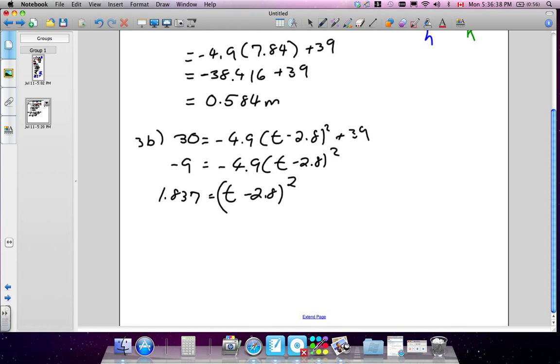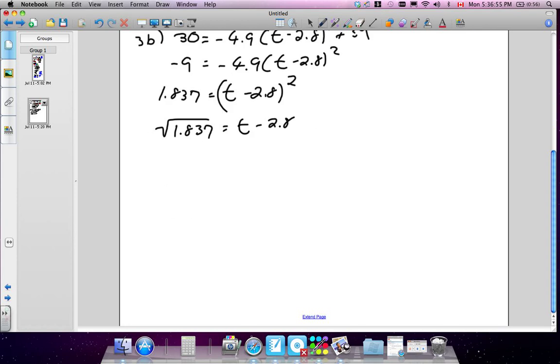Okay, so this is the difficult part. In order to get rid of this squared, I need to square root both sides. The square root of 1.837 is equal to t minus 2.8. And what happens is, from here I get two answers.